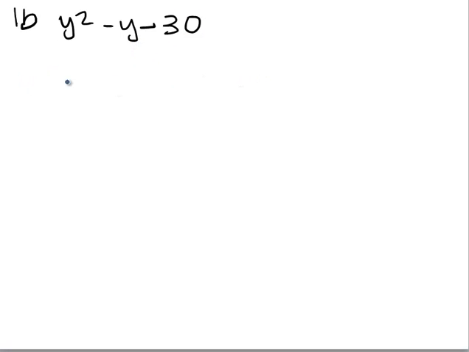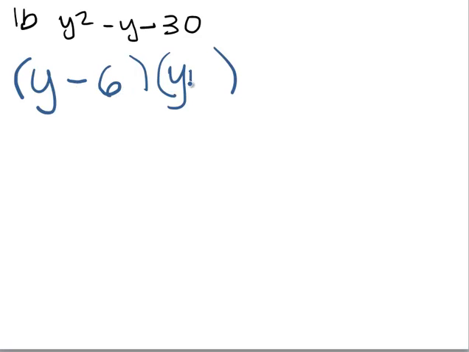Even I can do this without setting up a chart. The first term is y, and for the second, 5 times 6 is 30, and the difference between 5 and 6 is 1. This is negative, so that tells me it's minus 6 and plus 5.